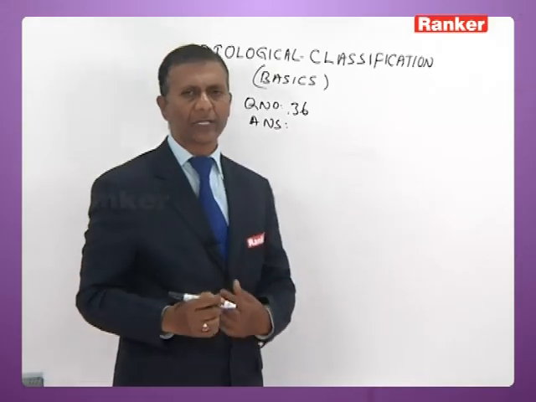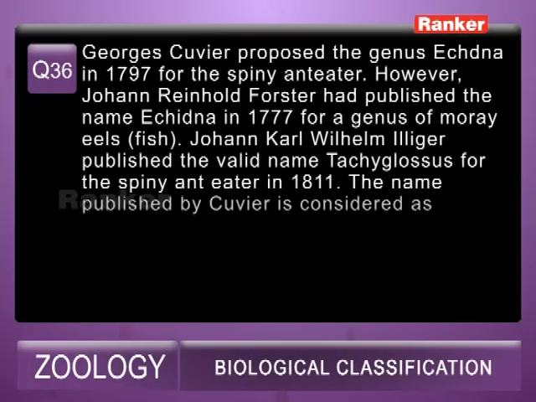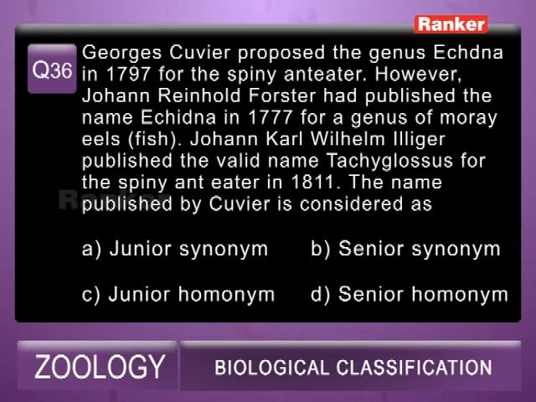Now 36th question here. George Cuvier proposed the genus Echidna in 1797 for the spiny anteater. However, George Reinhold Foster had published the name Echidna in 1777 for a genus of moray eel fish.